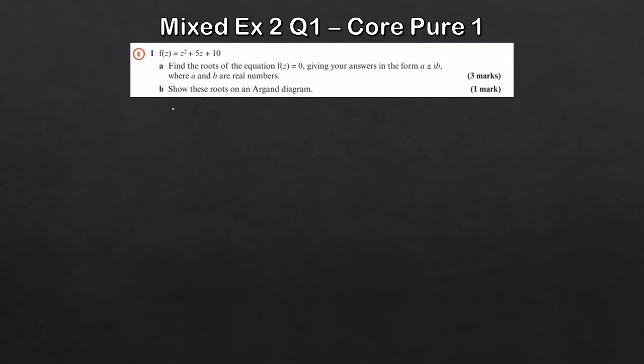So completing the square here for question 1. So half this b term here, so 5 over 2. So that's z plus 5 over 2. We square this expression here.